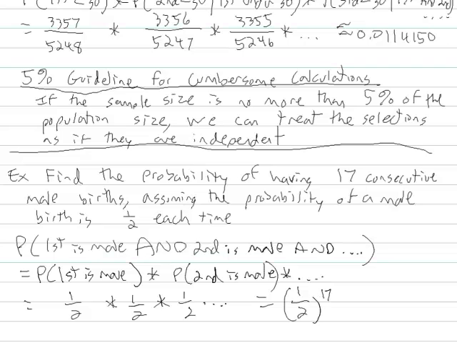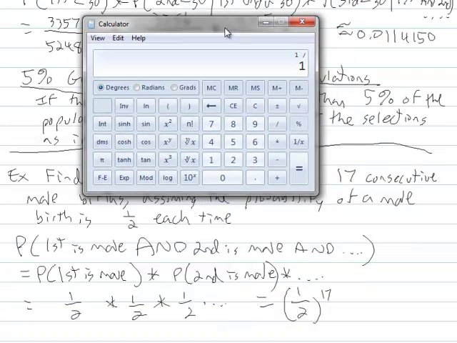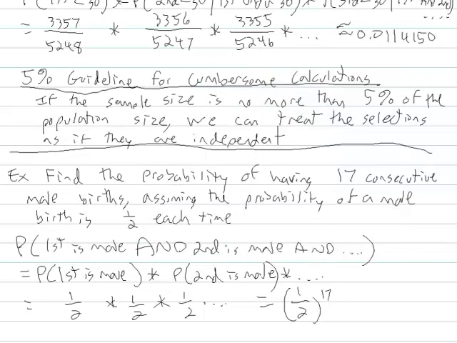And so we can quickly get that on our calculator as 1 divided by 2. And then we raise that to the 17th power. And we get this, 0.00007. There we go. Well, we might want it exactly.